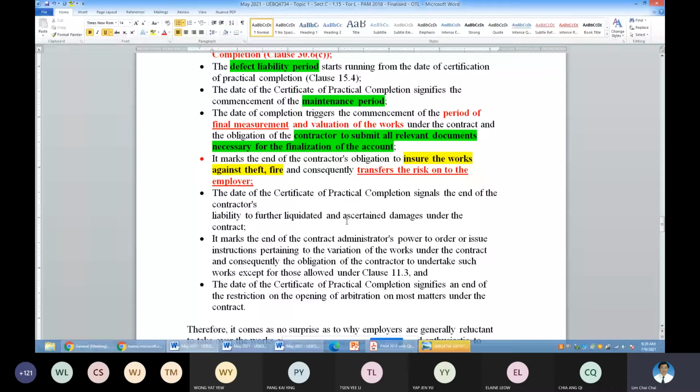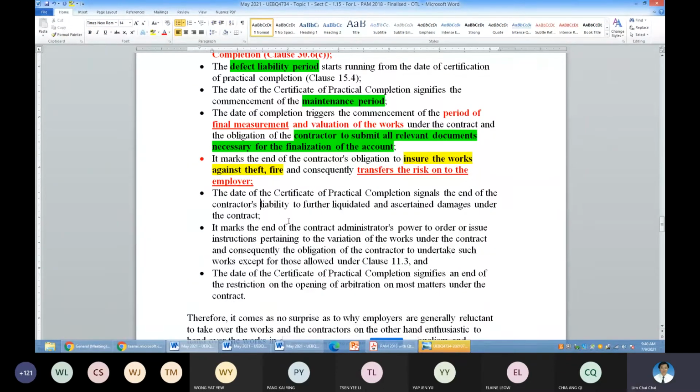When buying the insurance policy, the contractor gets a works policy and a maintenance policy within the same insurance policy. The only difference is the CPC will tell you the cutoff period for the works policy and the commencement of the maintenance policy.